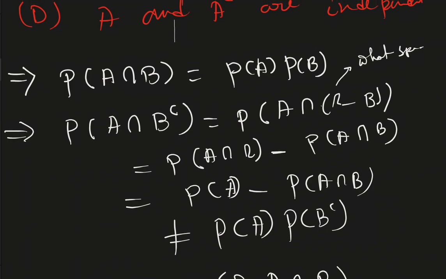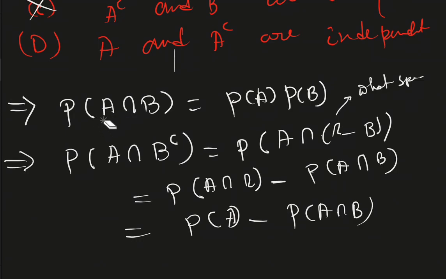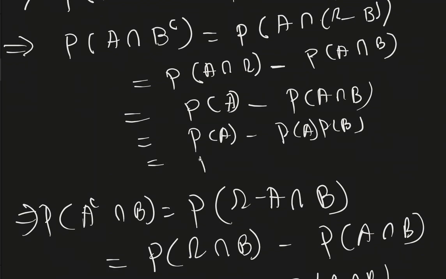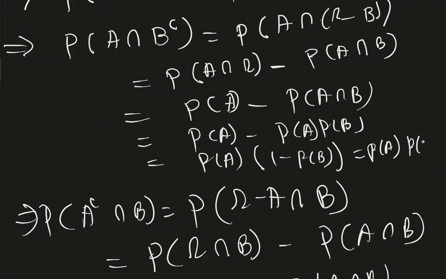So, since we know that P of A intersection B means P of A into P of B, this means P of A minus P of A into P of B. If I take P of A common, that is 1 minus P of B, that is P of A into P of B complement.